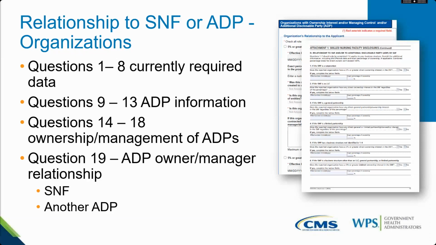More likely than not, it's going to be another ADP because you've already addressed relationship to the SNF. But as I stated, walk through those yes or no questions, read those questions carefully, and consider how they apply to your organization. Who in your organization or what other organizations related to you do they apply to?